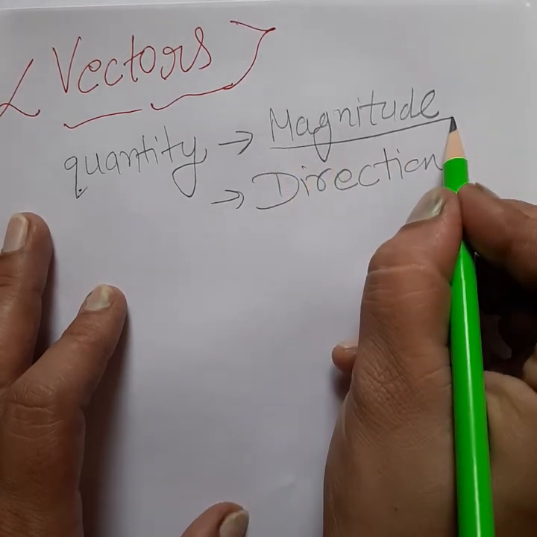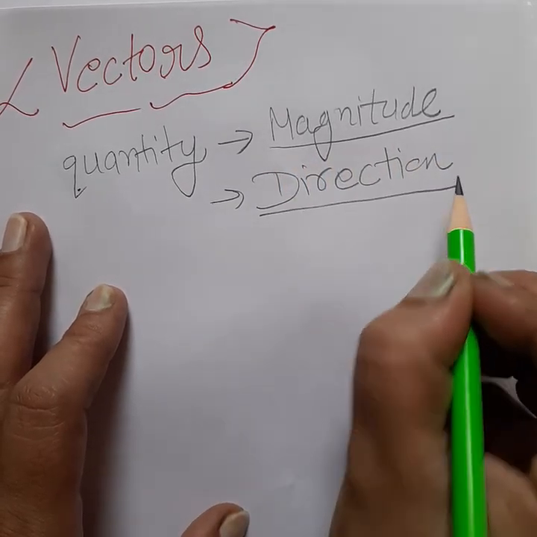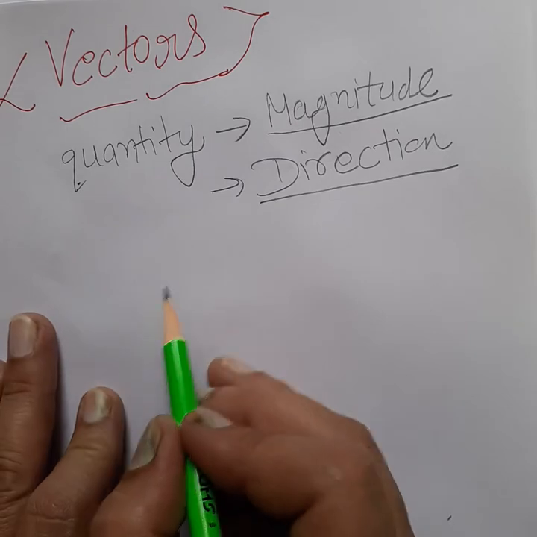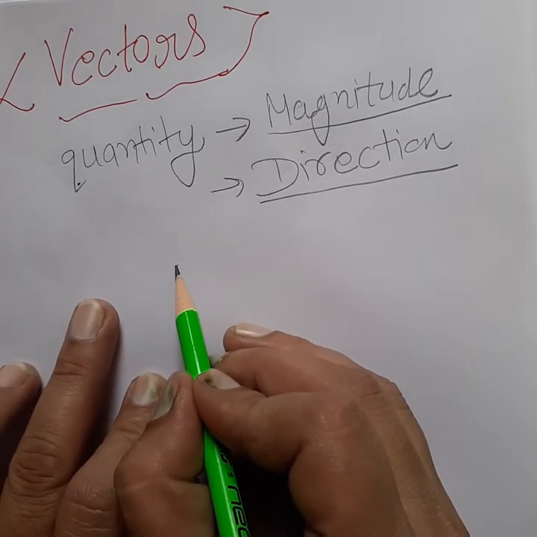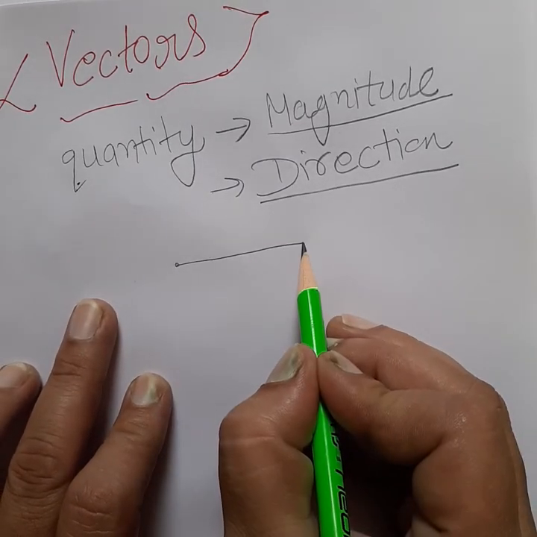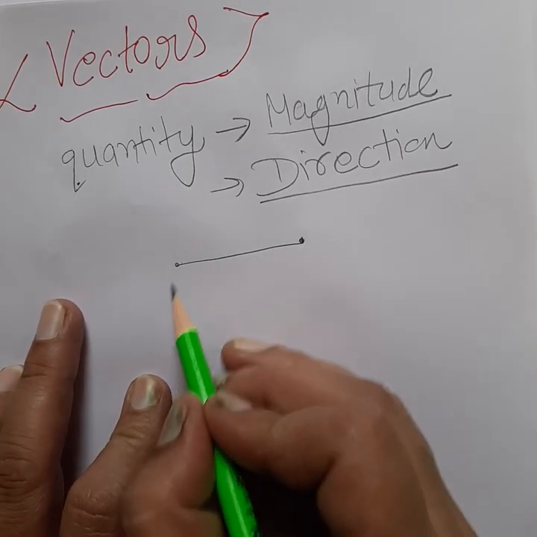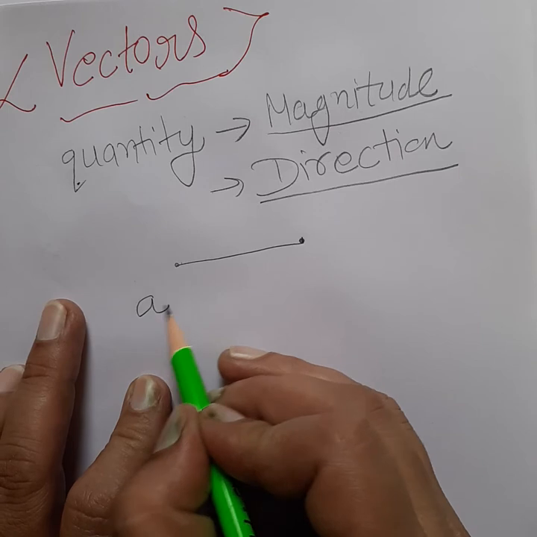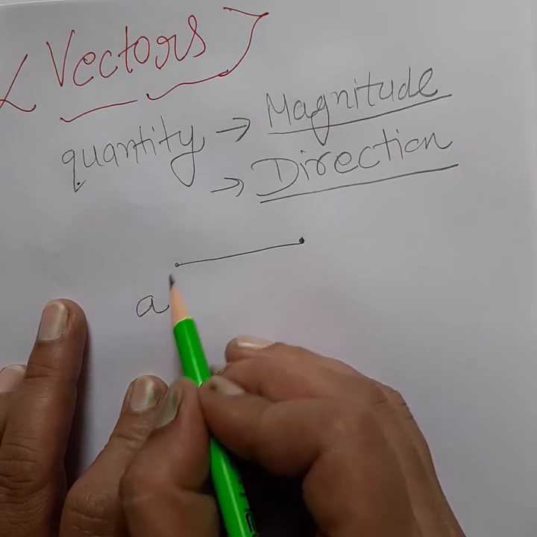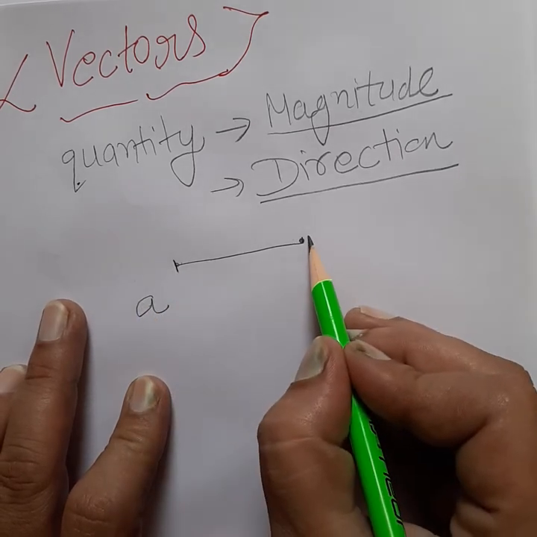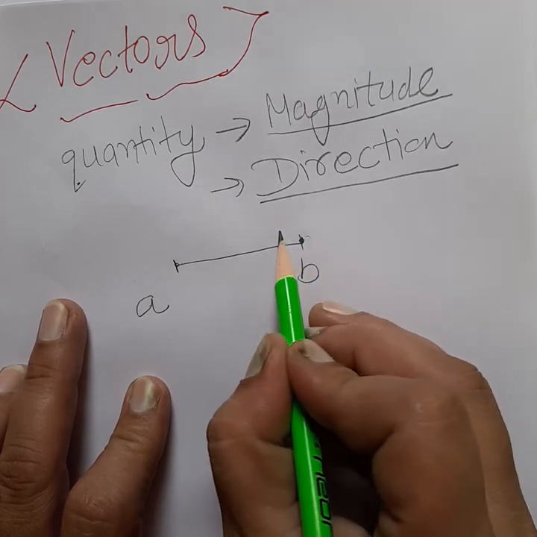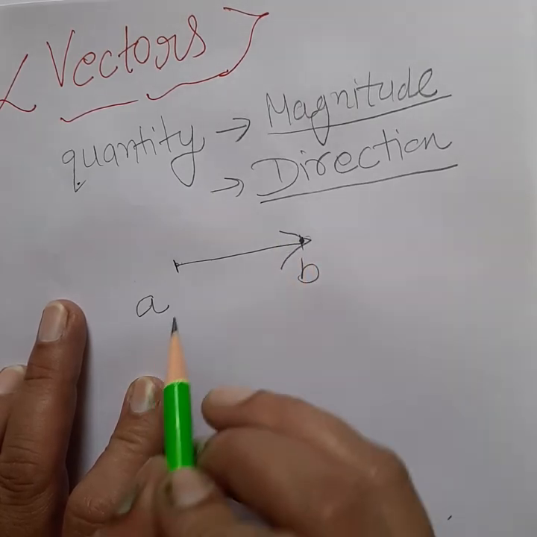Magnitude means length and direction, and it is understood by a straight line, like a path. This one is the initial point. You can take it as A and B, and you can make the sign of the direction.